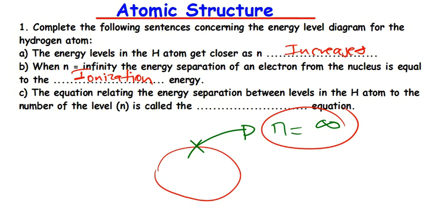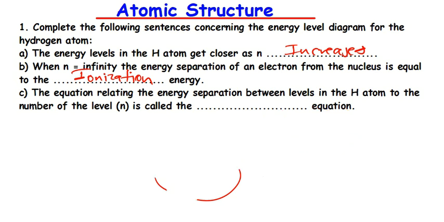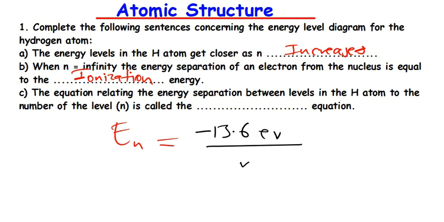So that's B. Just a quick note on B: the energy of an electron. Maybe you've never come across this equation. The energy of an electron on each energy level is given by this formula, in electron volts, divided by n squared.